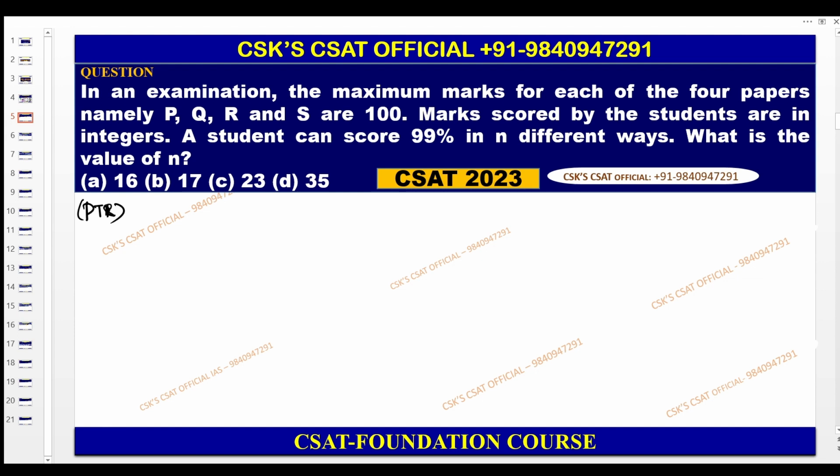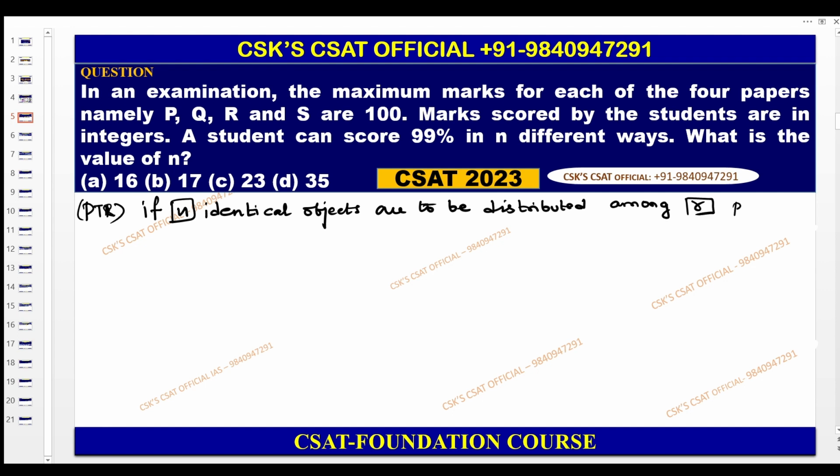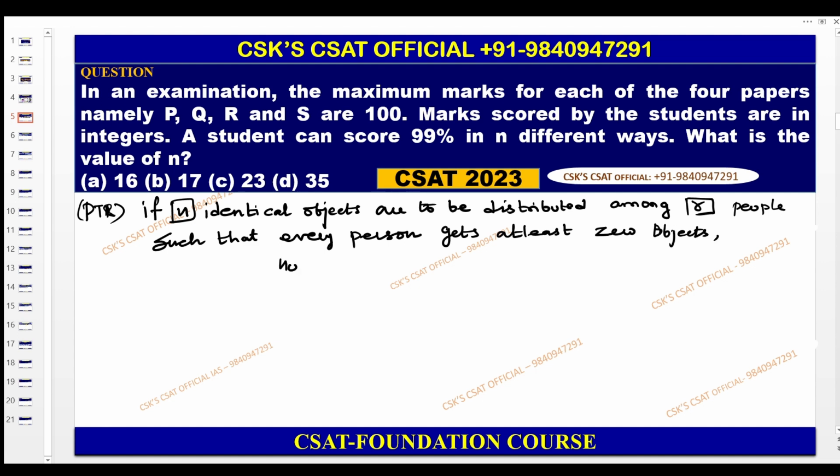Please take this down. If n identical objects, this I have provided during our foundation itself, n identical objects are to be distributed among r people such that every person gets at least 0 objects, then what is the number of ways?